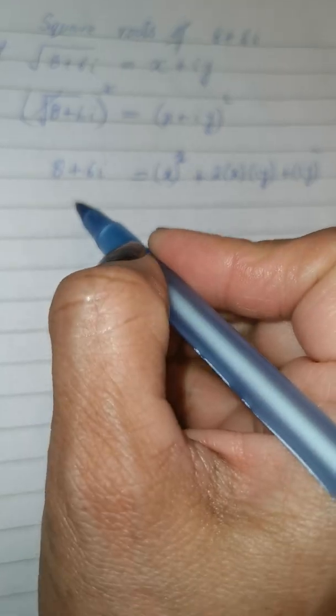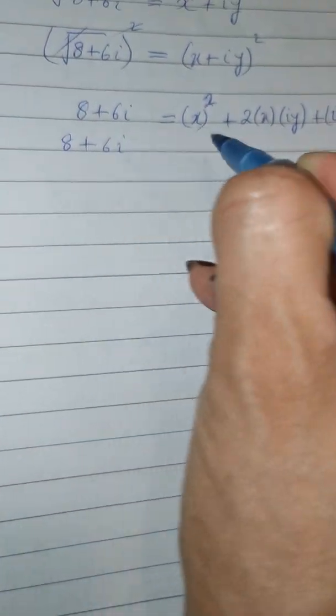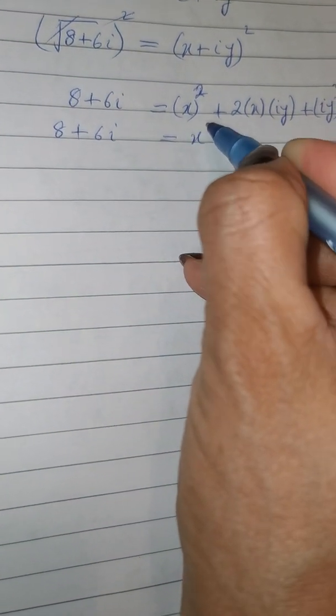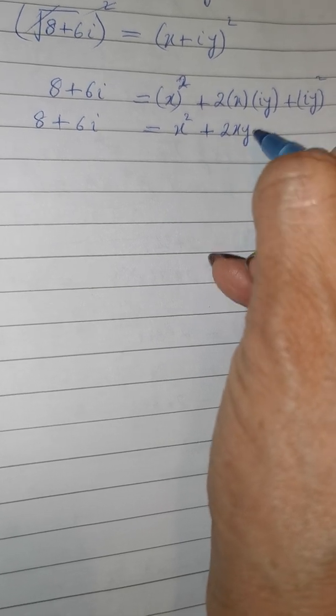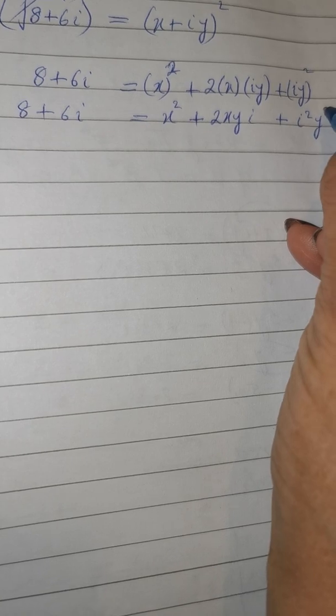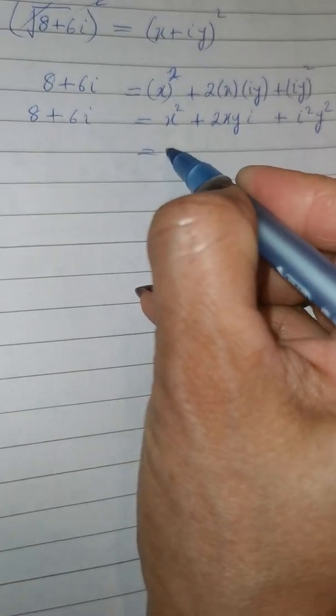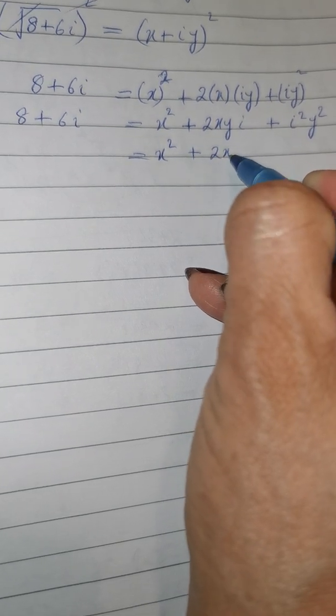After doing this, now I am going to simplify it. We get x square plus 2xy iota plus iota square y square. Again, in the next step we are going to simplify it.